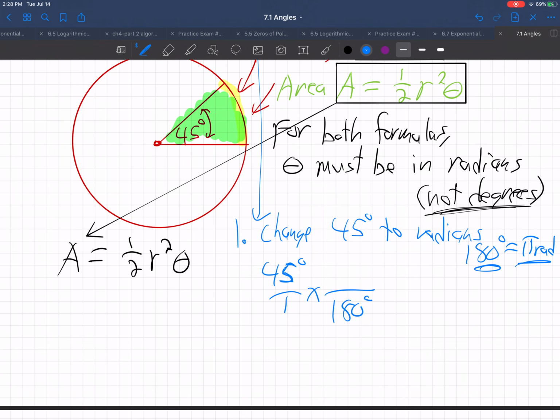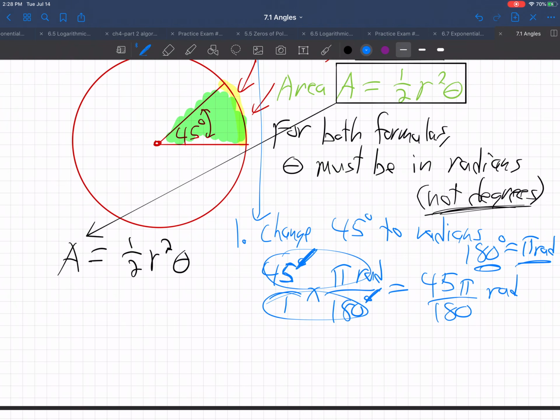So 180 degrees goes on the bottom. Why? Because you want degrees to cancel. So you've got to cross cancel. So pi radians on the top. Then you just go straight across the top. That's 45 pi, straight across the bottom, 180. That's going to be radians because we got rid of degrees.